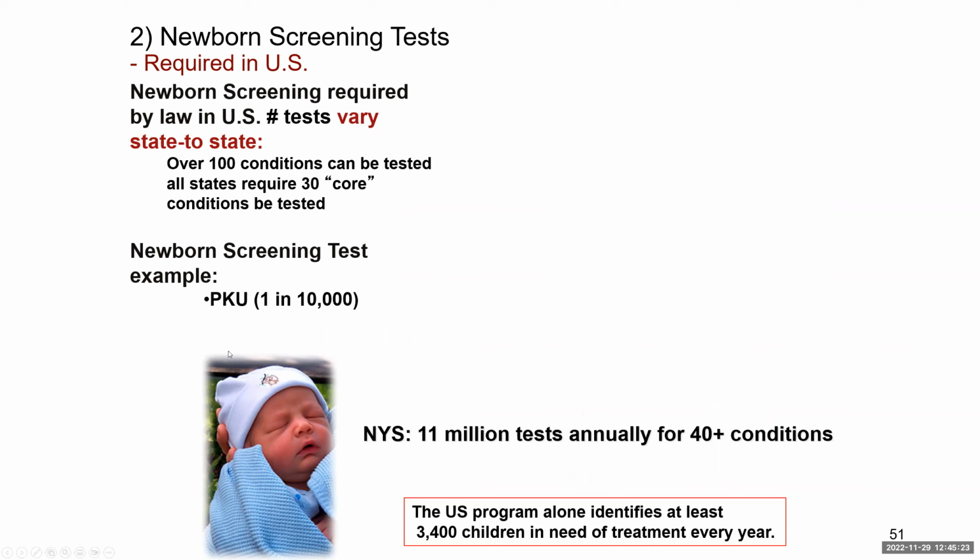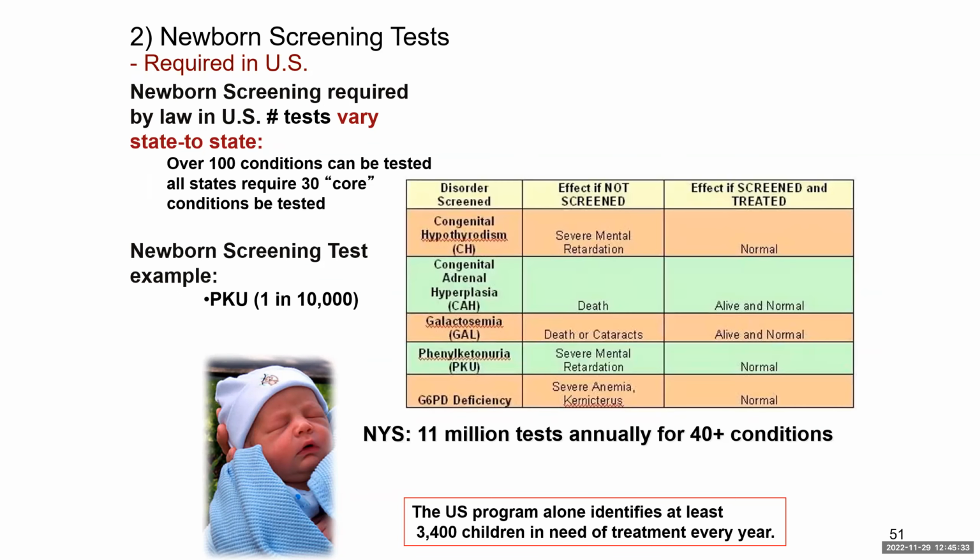One is PKU. PKU is a disorder that affects 1 in 10,000 individuals, and it's controllable by changing diet. When PKU is not controlled, it results in severe mental retardation and other birth defects. But if the diet of the infant is controlled from birth, they will be normal.